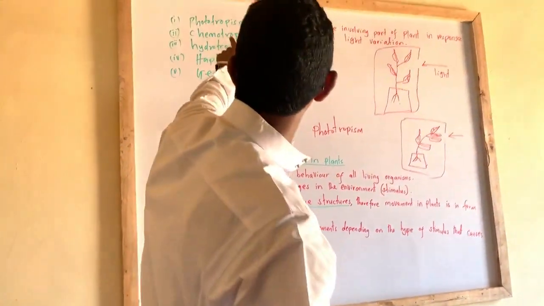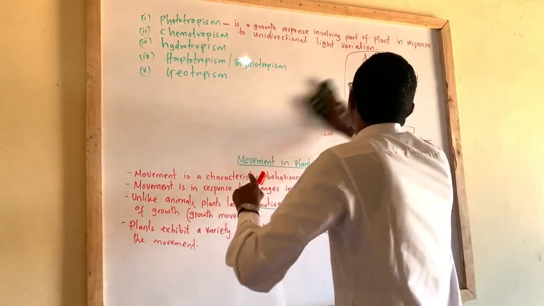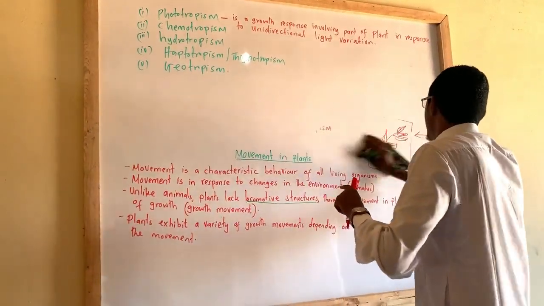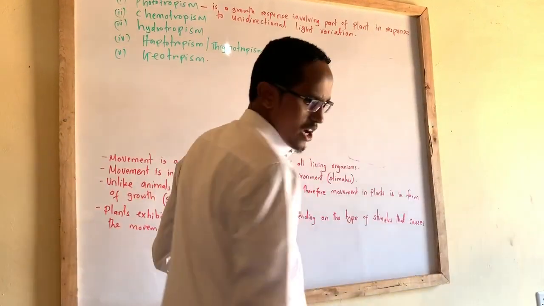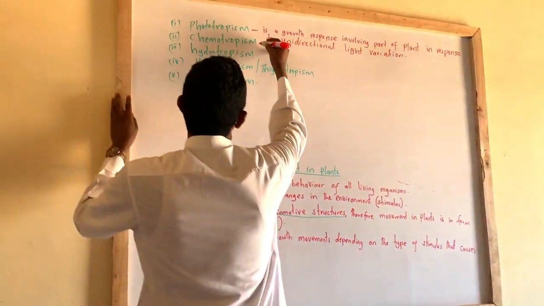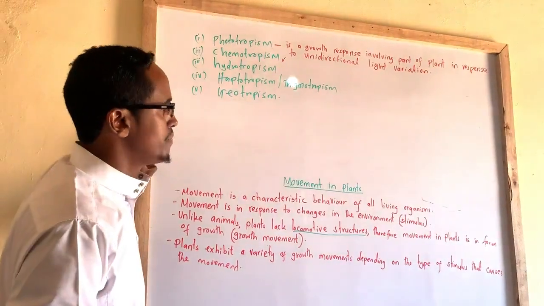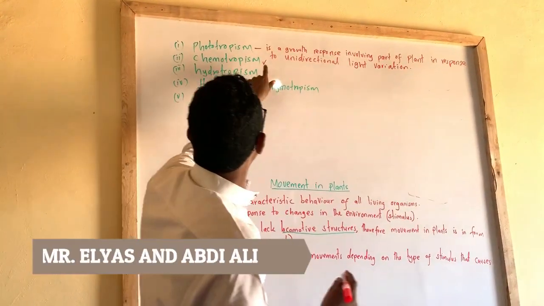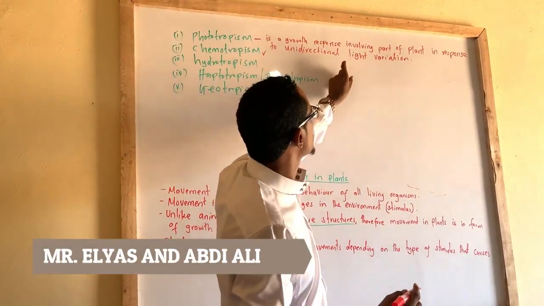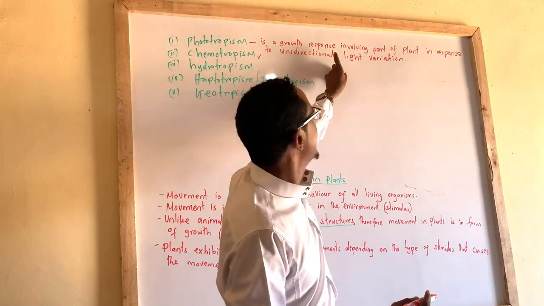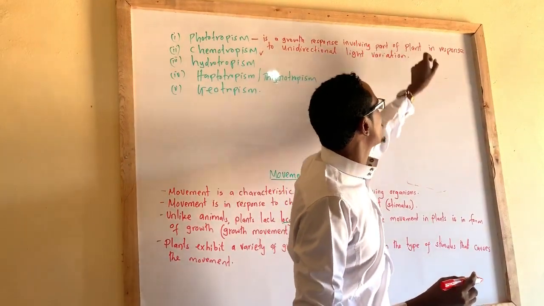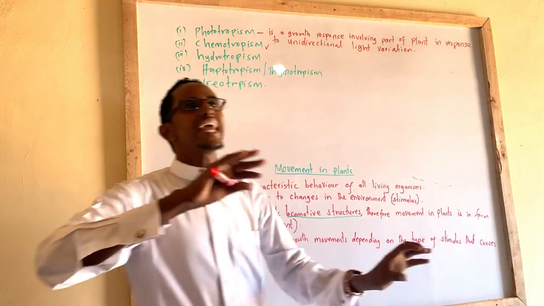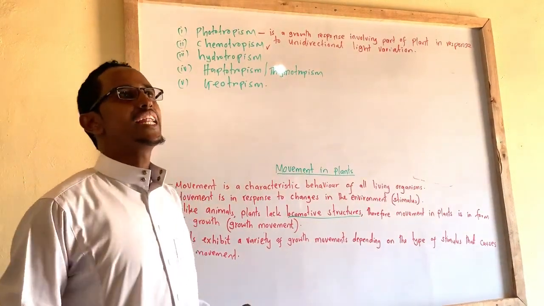Okay, that's about phototropism. Now chemotropism. Plants can also move. There is another growth movement involved: chemotropism. When we are defining, we just change the last word. We say chemotropism is a growth movement that involves part of a plant, but it is in response to directional variation in chemical concentration.